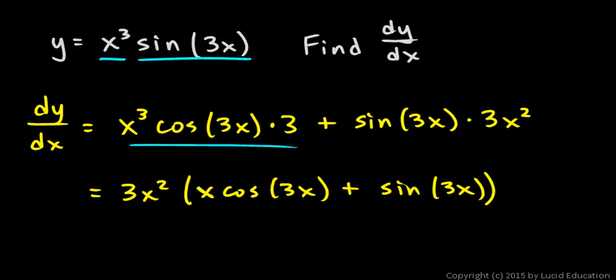Okay, so that's the answer. And these two terms, because they're just added together, could be reversed, or you could switch places with those if you need to match one of the given multiple choice answers.